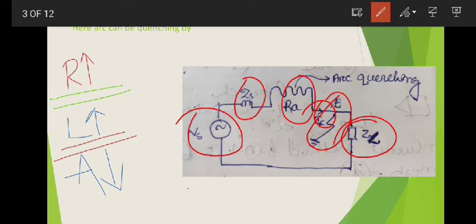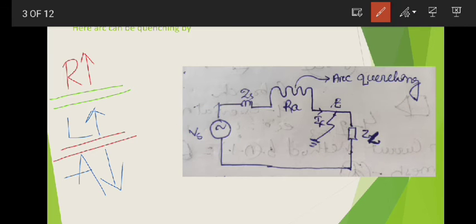To cancel this spark, we use the air circuit breaker. When we provide pressurized air to the arc chamber, the arc can be quenched in a different chamber. There should be a chamber here, not seen in the figure.